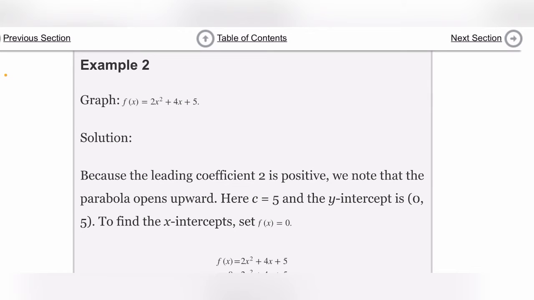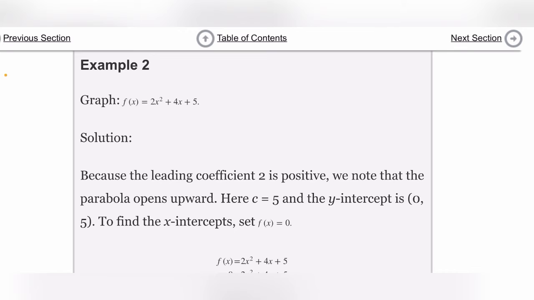Example number 2, f of x equals 2x squared plus 4x plus 5. Our leading coefficient, 2, is a positive number, so we note that the parabola opens upward.